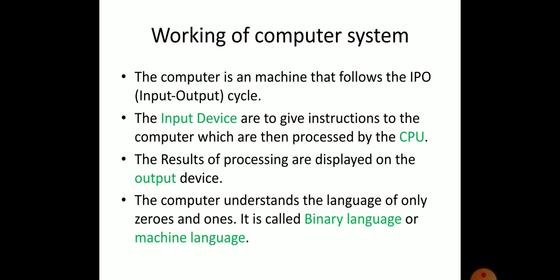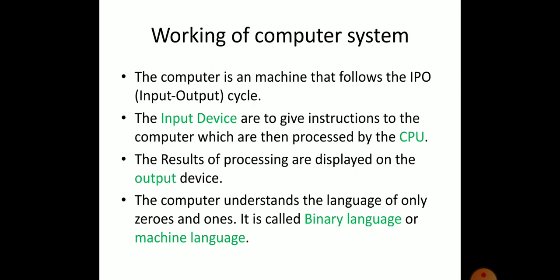The computer is a machine that follows the IPO cycle, that is input output cycle. The input devices give instructions to the computer, which are then processed by the CPU. That means, what does the input device do?